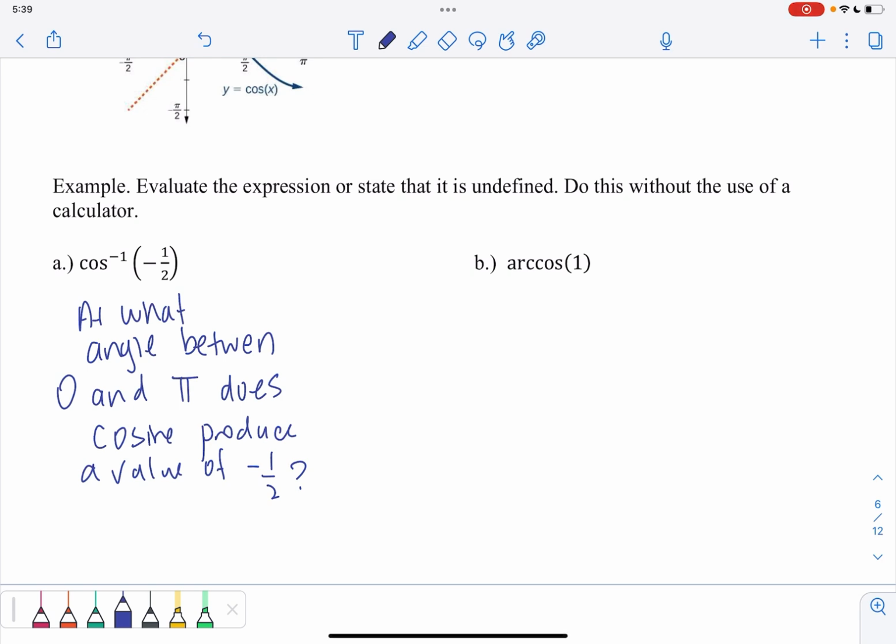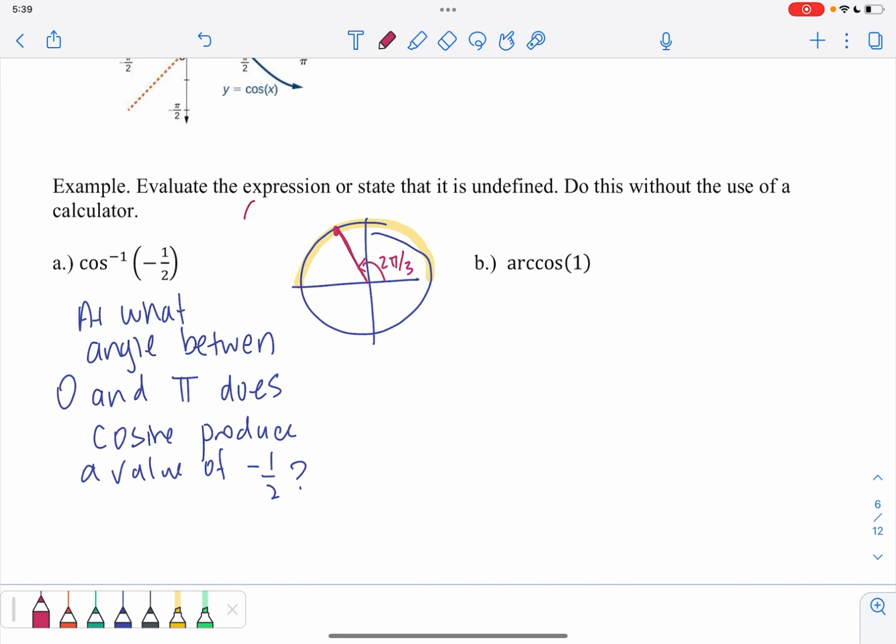Okay? Well, guess what I'm going to need? The old unit circle. And I've got to call attention to where I'm living now: 0 to pi is where inverse cosine can produce outputs. So where does my cosine have an output of -1/2? Well, that happens here at 2 pi over 3.